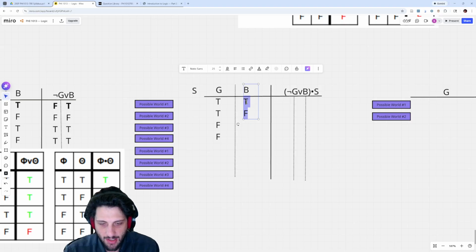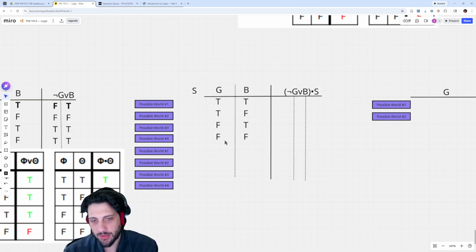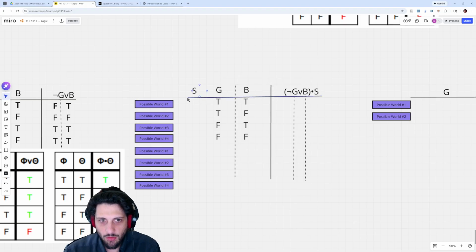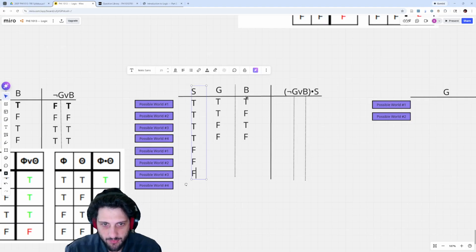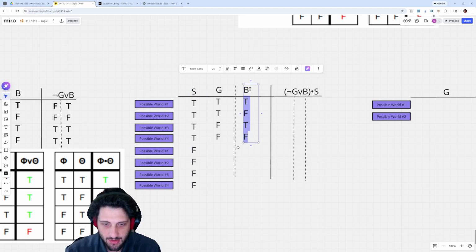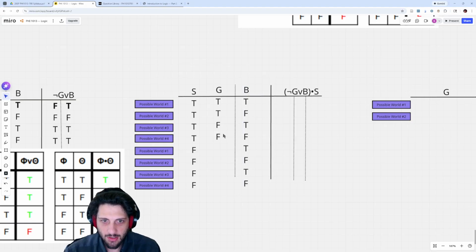So let's go ahead and add these down. We have those same four combinations we've been talking about. But then notice, we could think about all four of those combinations happening when S is true. And we can think about all four of them happening when S is false. So again, I'm just going to put that there, and put that there.